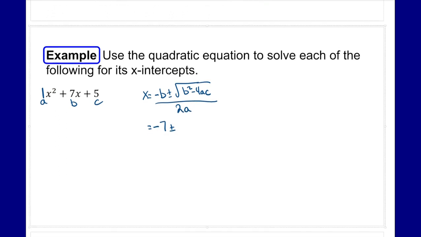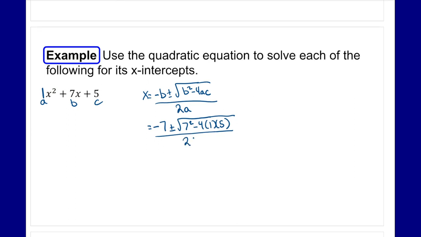So negative b, so in this case negative 7, plus or minus the square root of 7 squared minus 4 times 1 times 5, all divided by 2 times 1. Go through and continue to calculate.